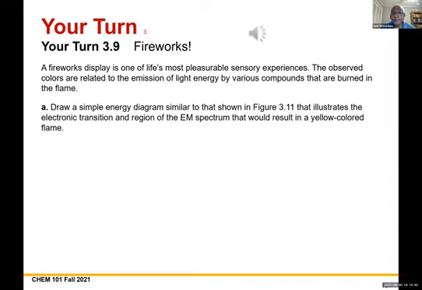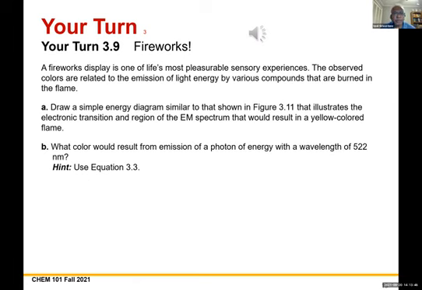The EM spectrum shows this results in a yellow colored flame. Yellow color is characteristic of the element sodium. So when you look at this yellow color, the electron comes down from the outermost layer, from an excited state to the ground state, and you get emission of yellow light.